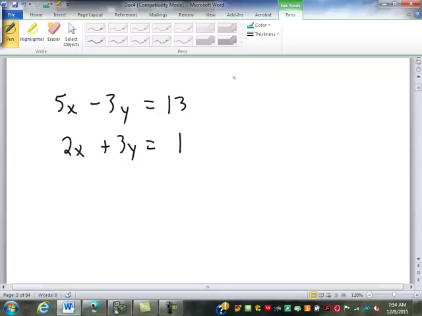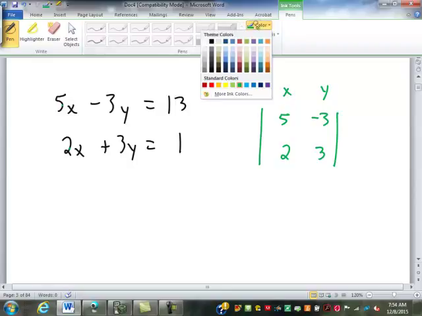I'm going to define number 1, my base matrix. My base matrix is a matrix that contains the coefficients of the variables. So the first column is going to be the coefficients of the x variables, so that's going to be 5 and 2. The second column is going to be the coefficients of the y variables, which would be negative 3 and positive 3.